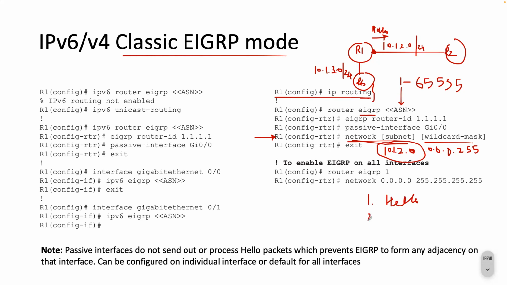Second is I will put that as part of my EIGRP update packets. Will I advertise this one, 10.13.0, towards R2? No, I won't, because I'm not running EIGRP onto it. These are the two purposes of the network statement.